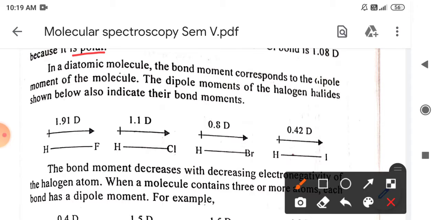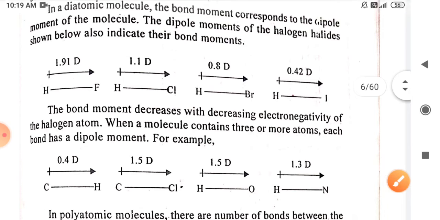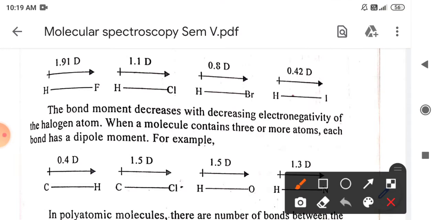If we consider diatomic molecules, then it is quite simple to understand bond moment and dipole moment. In a diatomic molecule, the bond moment corresponds to the dipole moment of the molecule. So the dipole moment of halogen halides is shown in the below figure. Here we can see hydrogen fluoride, which has the highest electronegativity difference, shows the maximum dipole moment, then HCl, then HBr, and then hydrogen iodide.